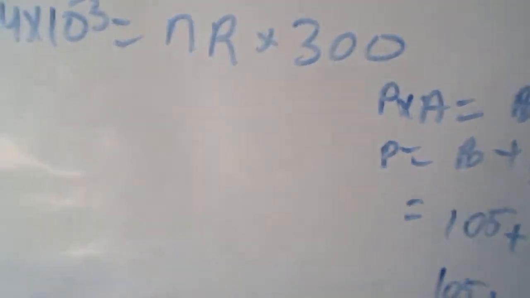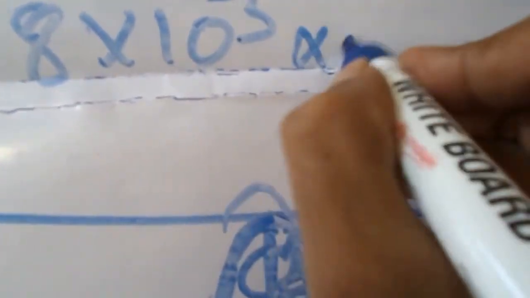And again, what is the new volume? If this has reached here, what should be the new volume? This area is 8 into 10 to the power minus 3 meter squared, and this is 0.1.